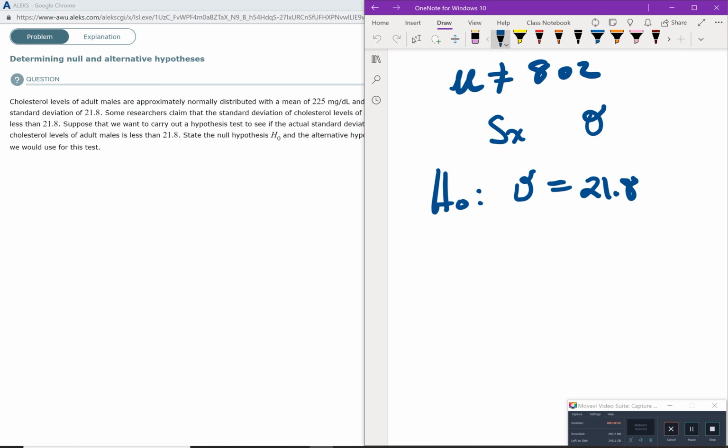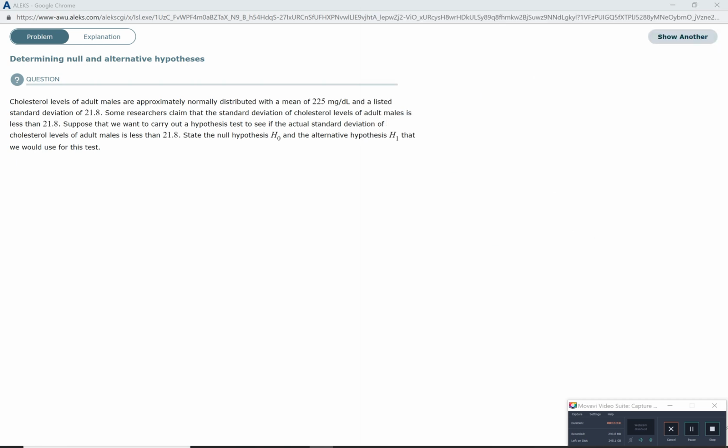But they didn't really specify. They said of adult males. I'm going to go with population, so leave it at that. The alternative hypothesis in this case is that it's less than. So sigma is less than 21.8. All right, and that takes care of that question. So this should be fairly easy for you. I'll do another few.